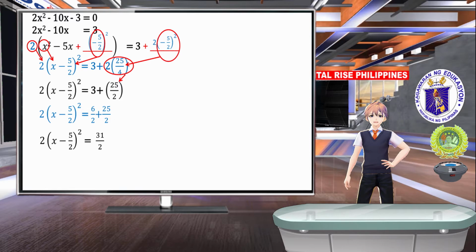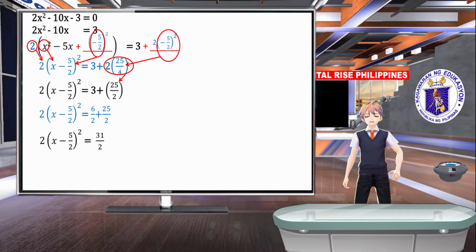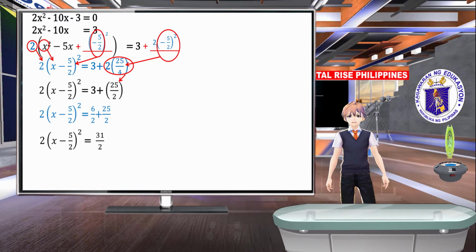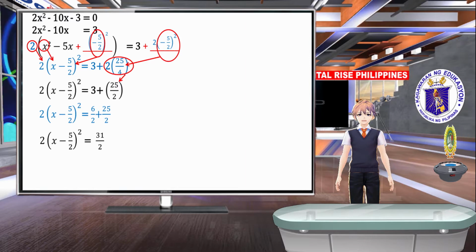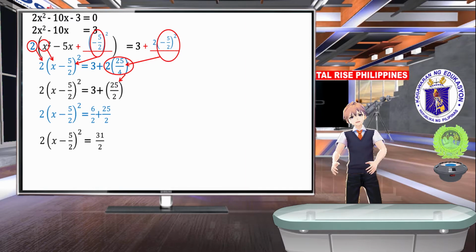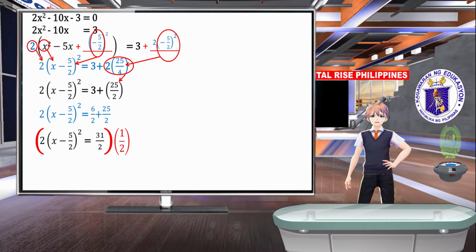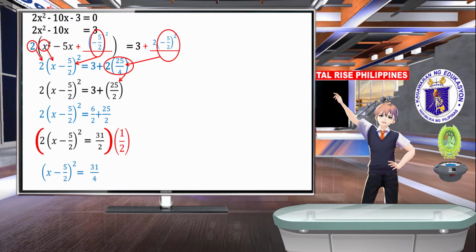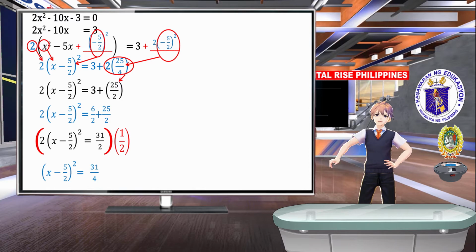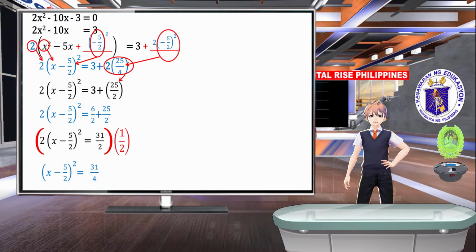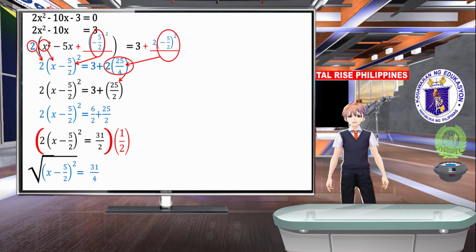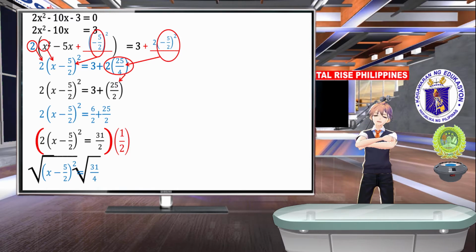Then we have to isolate the variable x on the right side of the equation. To do that, first, we have to multiply both sides of the equation by 1/2. Then we have x minus 5 over 2 squared equals 31 over 4. The next step that we should do is to get the square root of both sides.